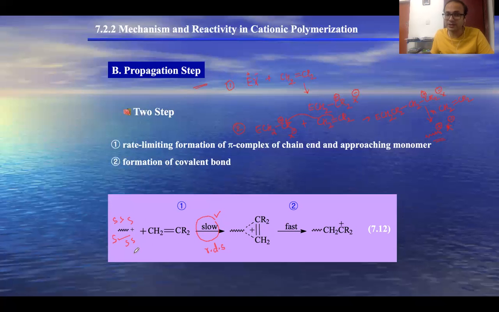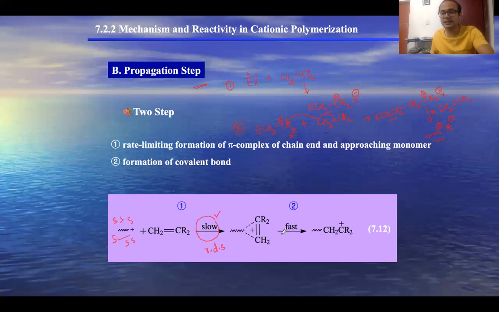Because here you are stabilizing the ion to such an extent that the rate of formation of this pi complex would be greatly reduced, and thereby the covalent bond formation would be reduced. That is why choosing the correct solvent for carrying out ionic polymerization is pretty important.